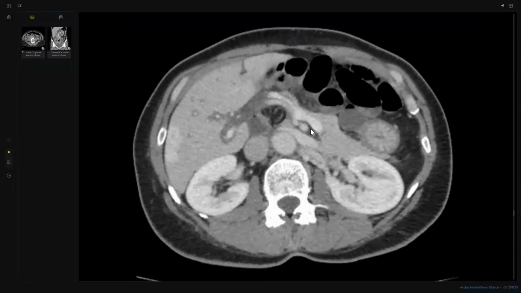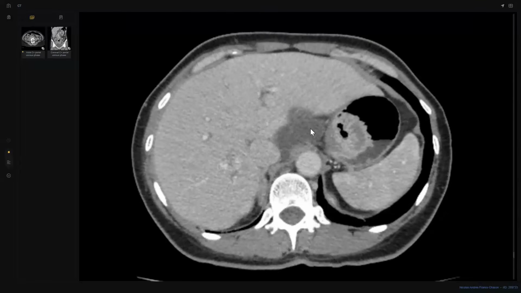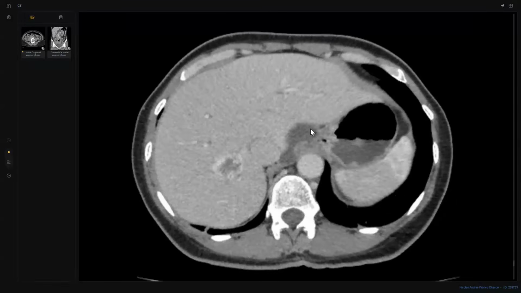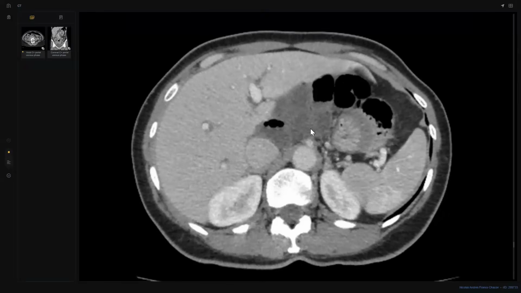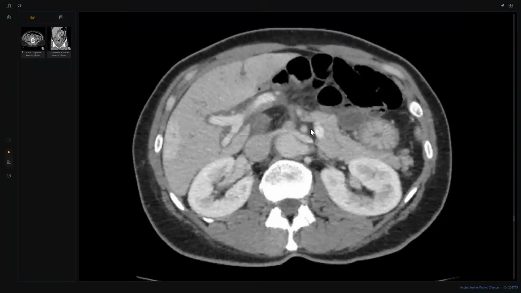Now looking at the stomach to find the relation to the stomach. In my routine practice, I will also examine this area in other orthogonal views, coronal or sagittal, if available.